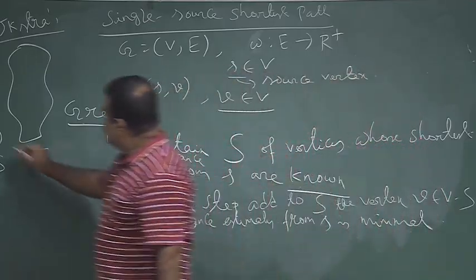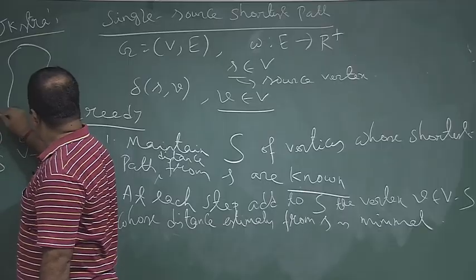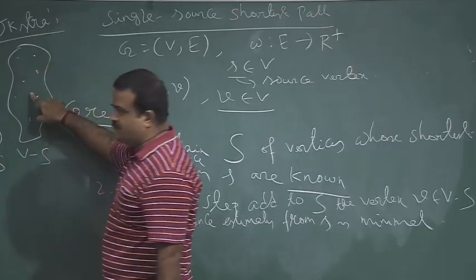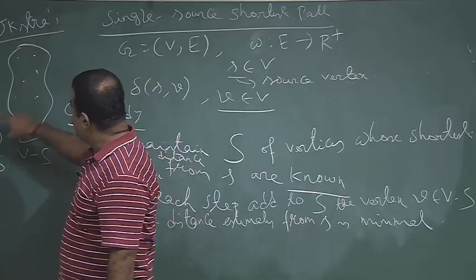So we have some vertices over here, each having some distance estimate, meaning the cost of the path from S to that node.